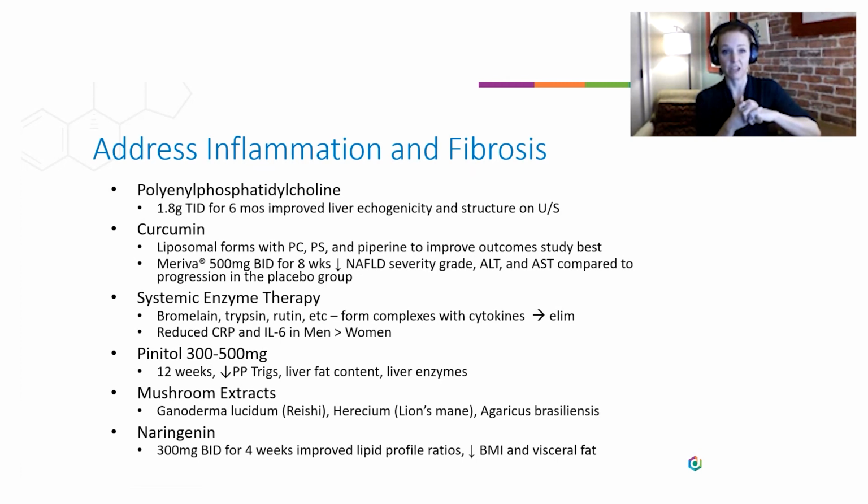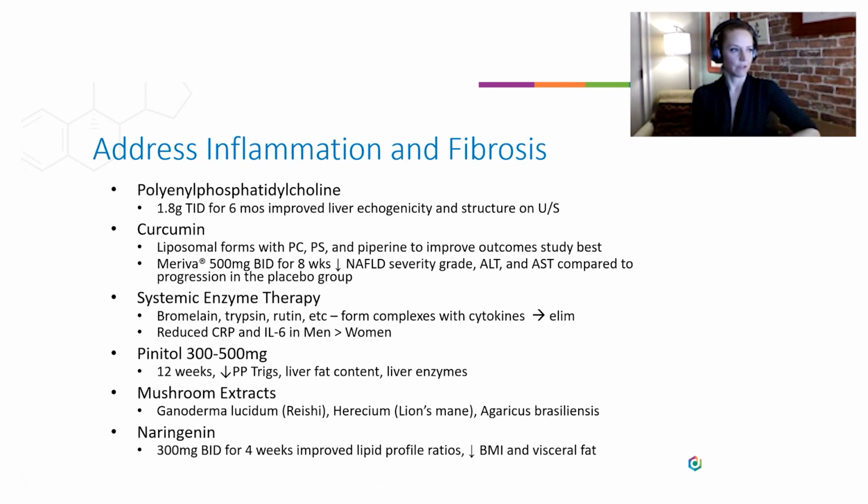Talking about like a gram a day of the liposomal. So not bad. Systemic enzyme therapies work better for men than they do for women, and that's the bromelain, trypsin, rutin, Wobenzym type formulas. They tend to reduce CRP and interleukin-6 in men, somewhat in women, but not as significant. Pentoxifylline, 300 to 500 milligrams, studies pretty well for changing liver fat content, and that can also help with insulin.